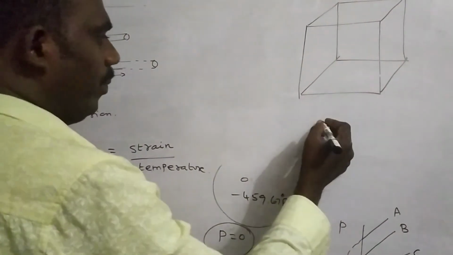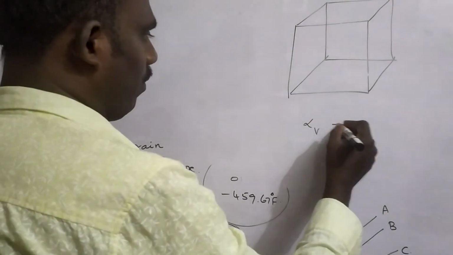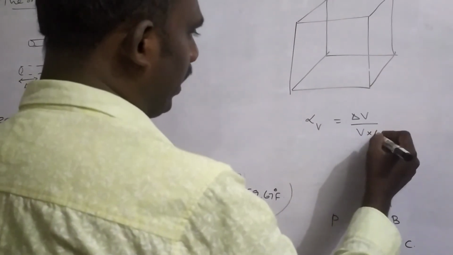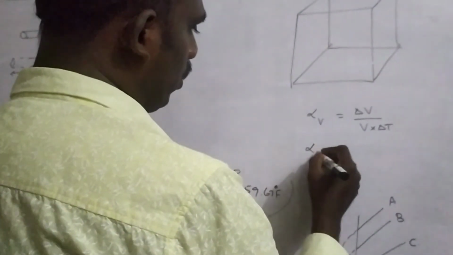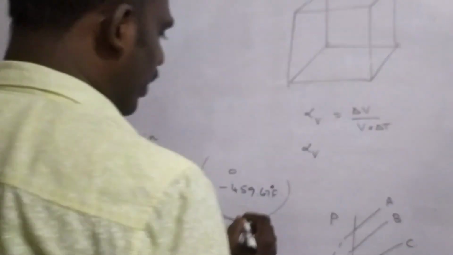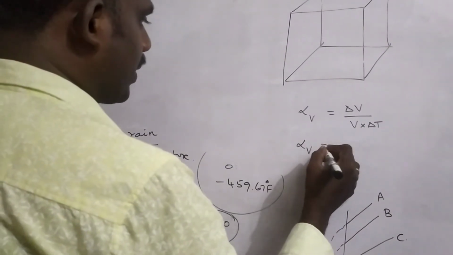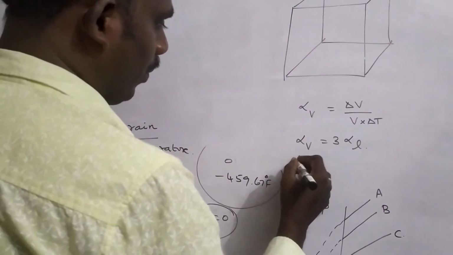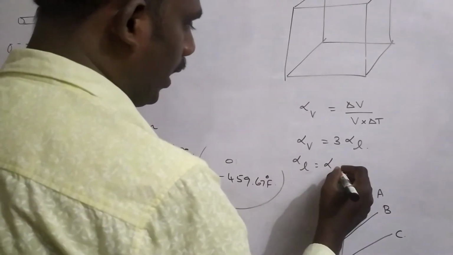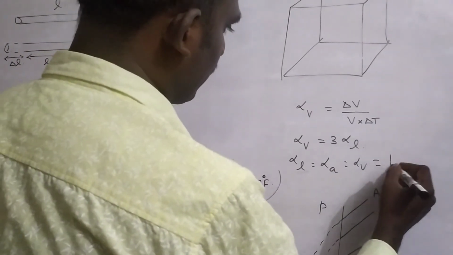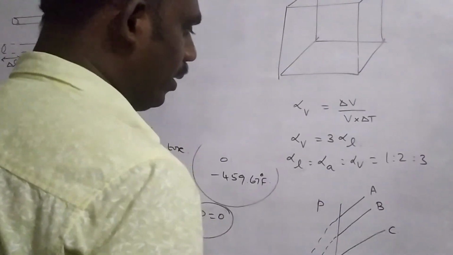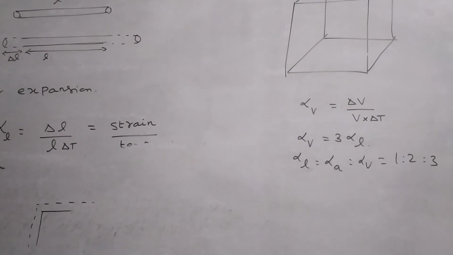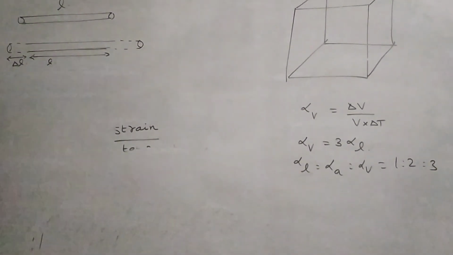This represents volume expansion. So the coefficient of volume expansion is equal to change in volume divided by initial volume times change in temperature. So the coefficient of volume expansion is equal to 3 times linear expansion. So the ratio of linear expansion, area expansion, volume expansion is 1:2:3.